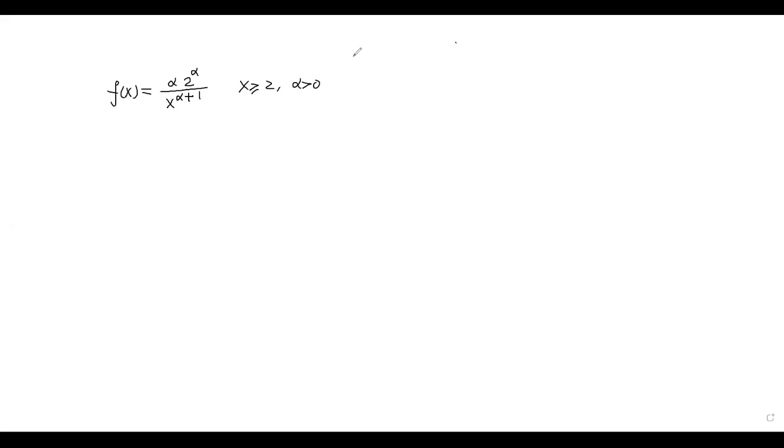The alpha is a parameter that can take different values. And the 2 is a scale parameter for the Pareto. That's why we say x is greater than or equal to 2.